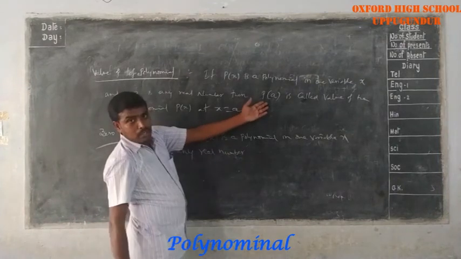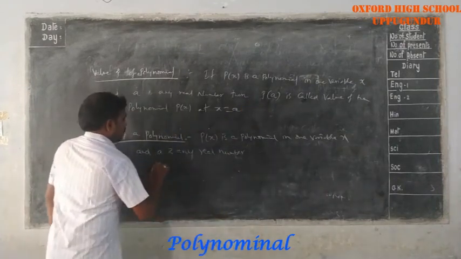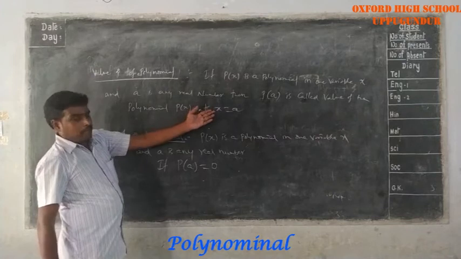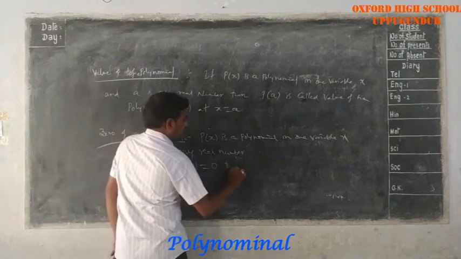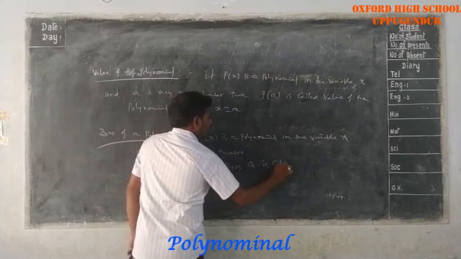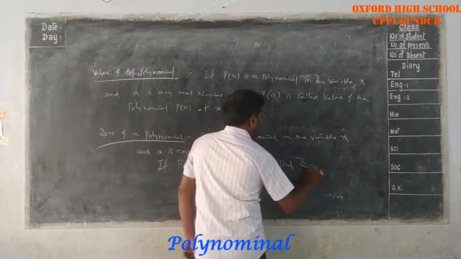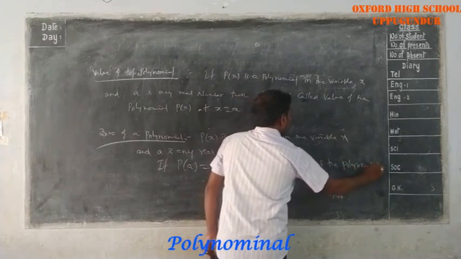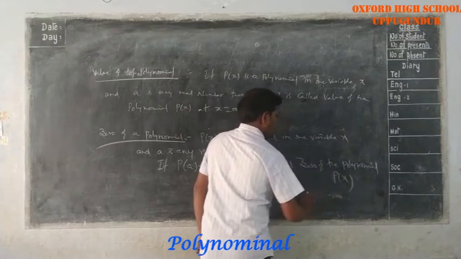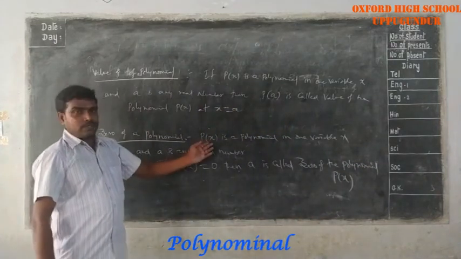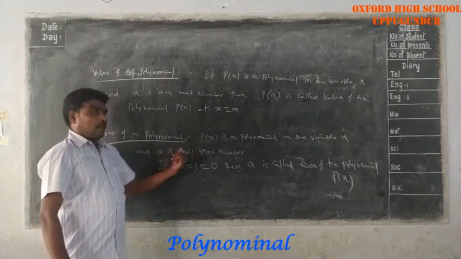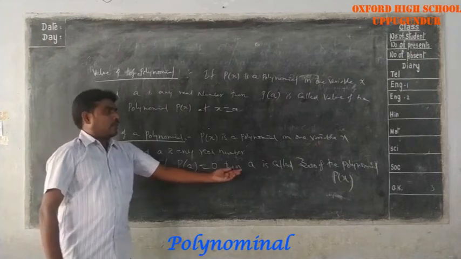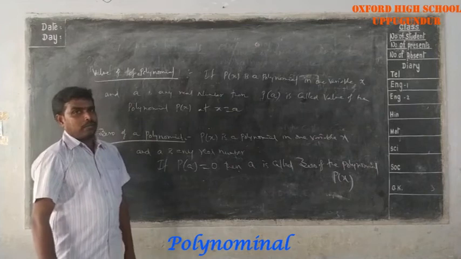If the value of the polynomial is 0, that means if P of a equal to 0, then a is called zero of the polynomial P of x. So if P of x is any polynomial in one variable x and a is a real number, if the value of the polynomial P of a is 0, then a is called zero of the polynomial P of x.